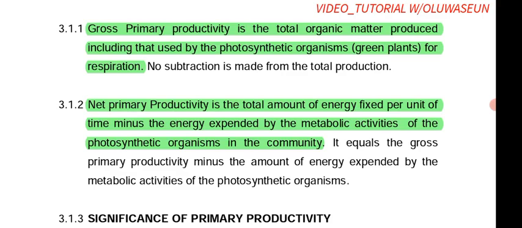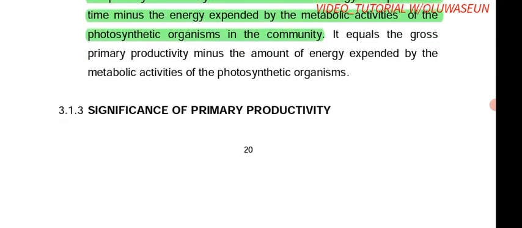Your gross profit is 20 naira, but your net profit will be 20 naira minus the 10 naira you used to buy that product. That is 10 naira, so your net profit will be 10, and the same thing applies here. So net primary productivity equals the gross primary productivity minus the energy expended by the metabolic activities of the photosynthetic organisms.